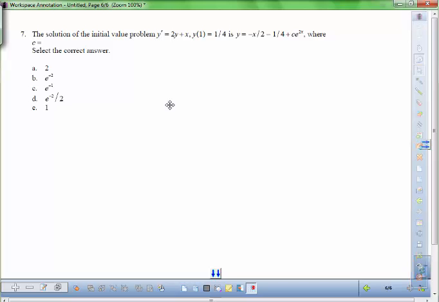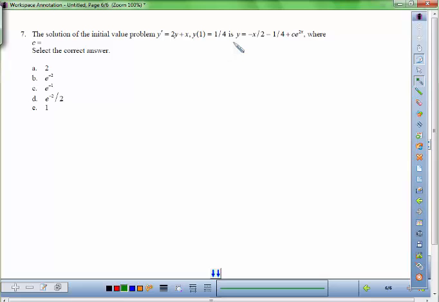Solution to the initial value problem is that where C. So this is a case where you would be given the general solution and you'd have to find a particular solution just by solving for C. I suppose we can assume that this is in fact a solution. We don't have to test it.